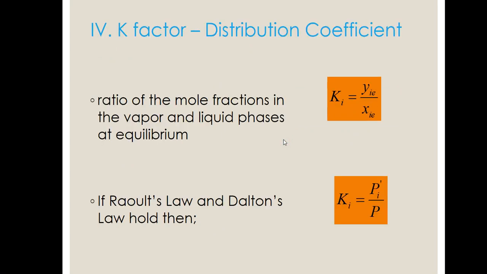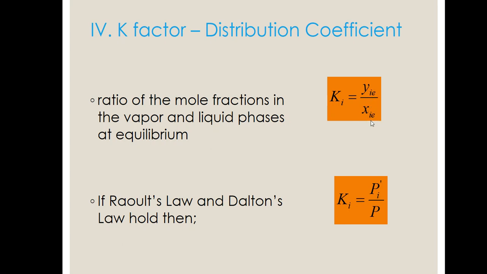Now, in liquid extraction, you may encounter, or we will be discussing, the K-factor or distribution coefficient. This can also be used in determining the relationship between mole fractions of a particular component I in the gas phase and in the liquid phase at equilibrium. And as such, you see the subscript here, I,E.